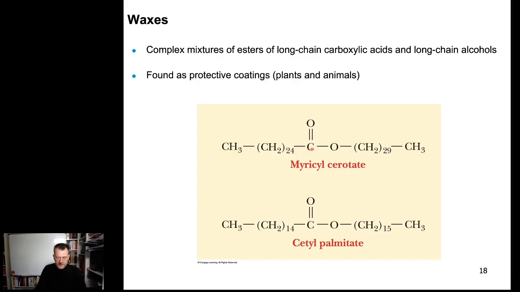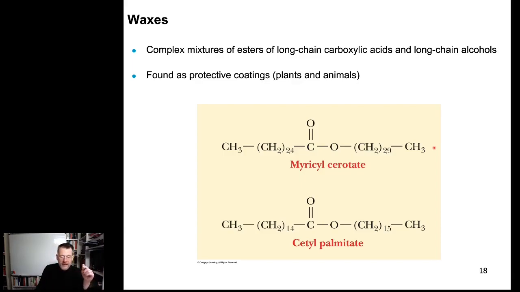It's completely saturated here. And this long-chain carboxylic acid is connected with an alcohol, a primary alcohol, containing 30 carbon atoms. So we're talking about really heavy and really long chain molecules you'll find as protective coatings, once again, both in plants and in animals.